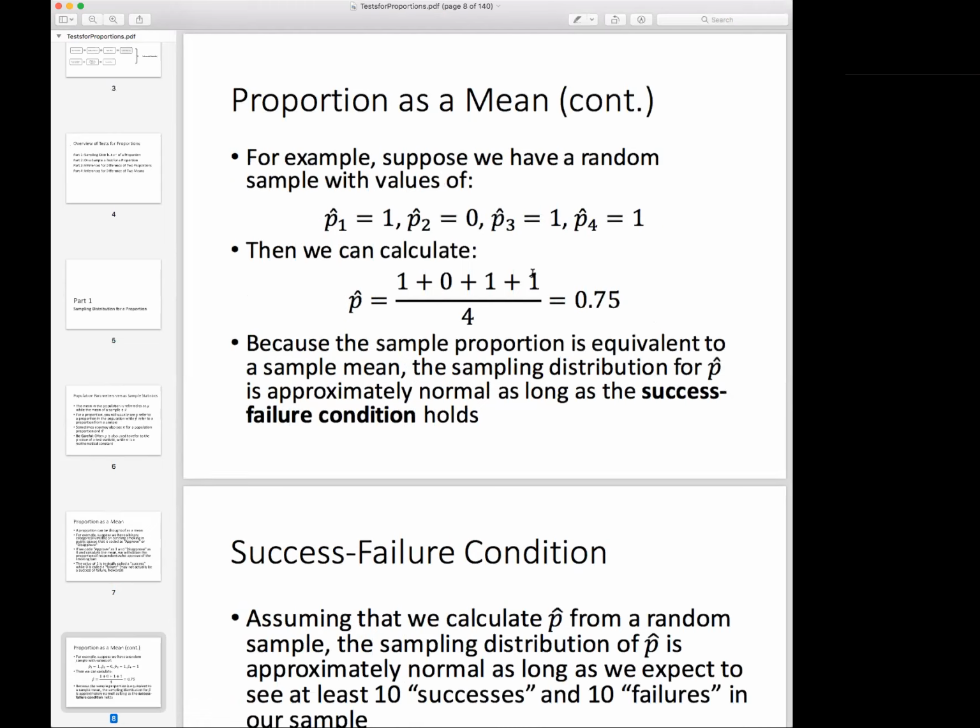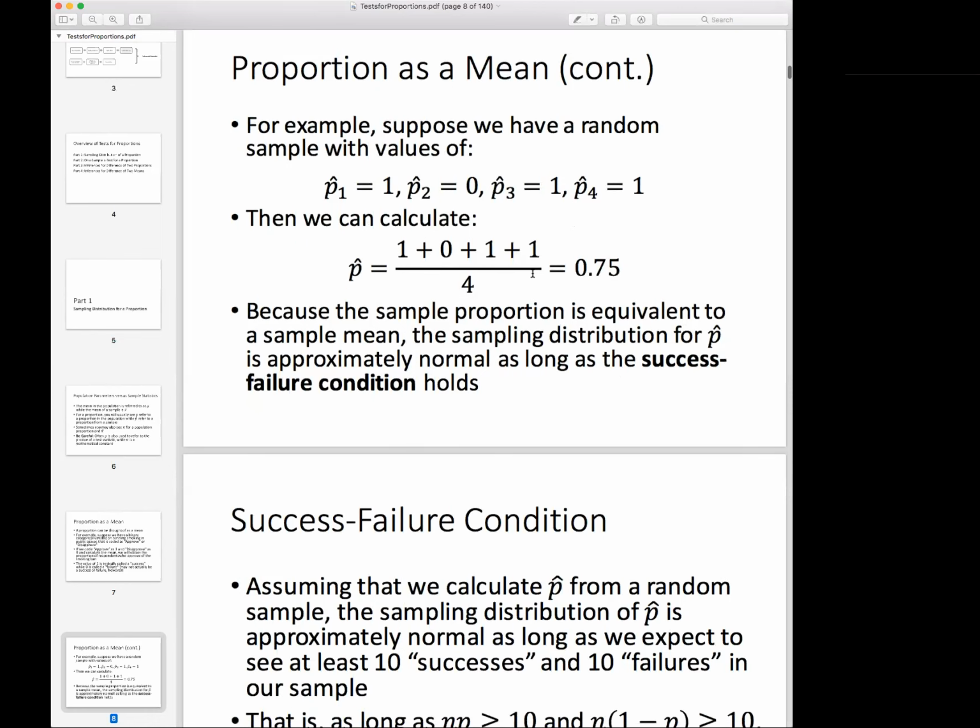In this example, we have 4 observations, and 3 of them had approvals coded as 1, and 1 person had a disapproval coded as 0. If we take an average of those 4, we come up with p hat equal to 0.75. So that would be what our p hat would be, so long as the success-failure condition holds and applies.